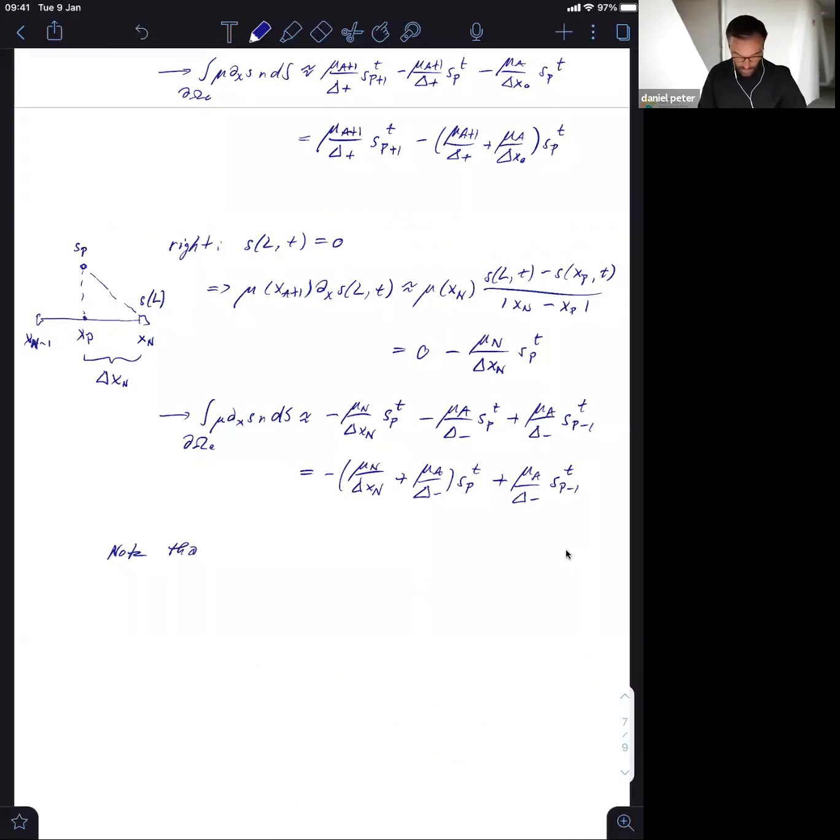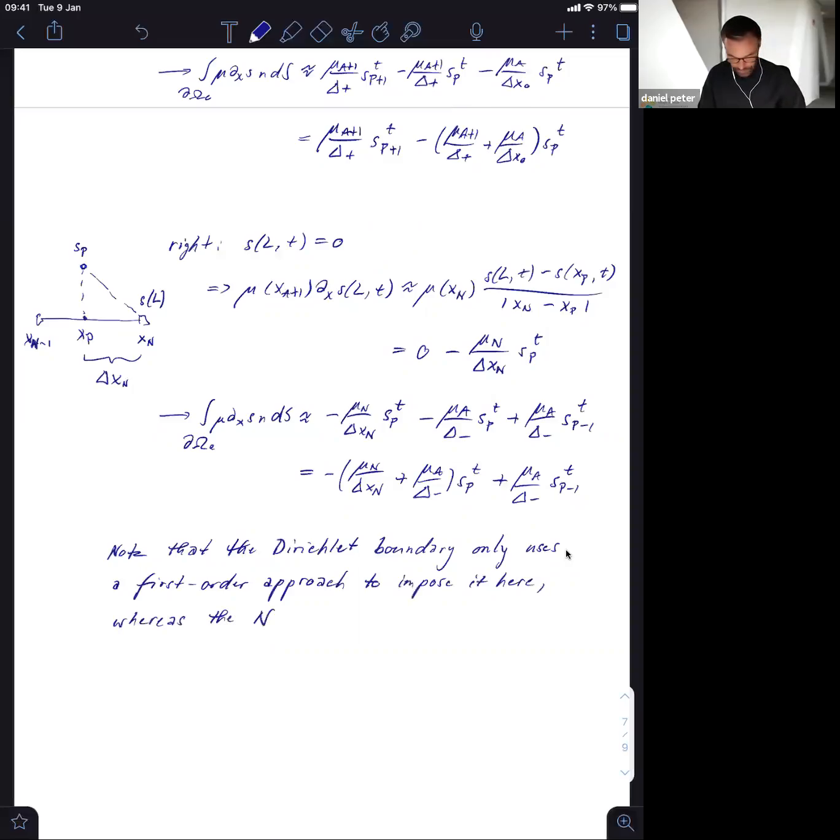That's just a final note here that the Dirichlet boundary only uses a first order approach here to impose it, whereas the Neumann boundary is exact.